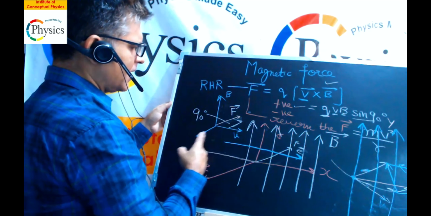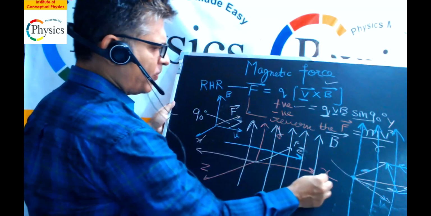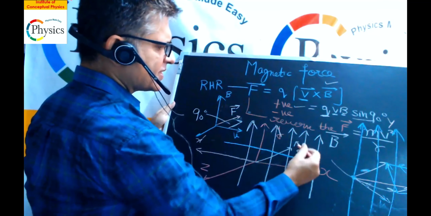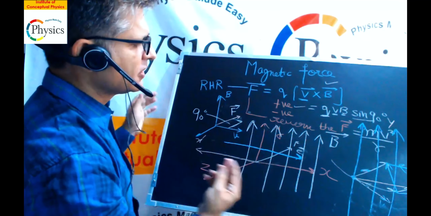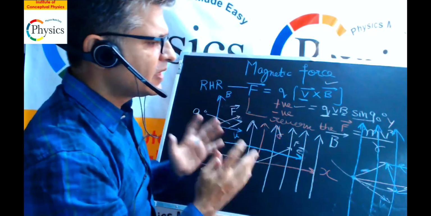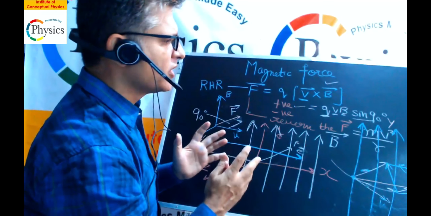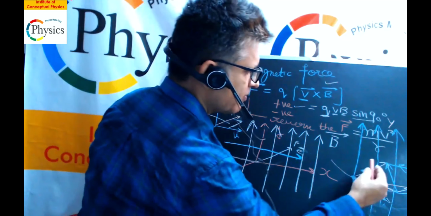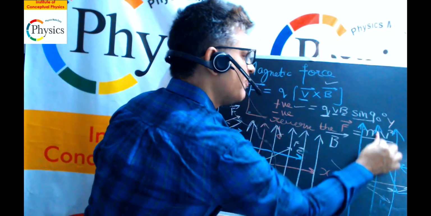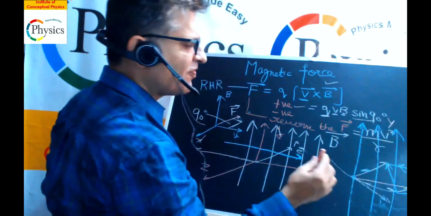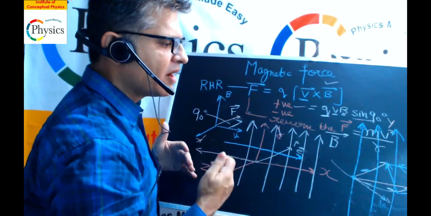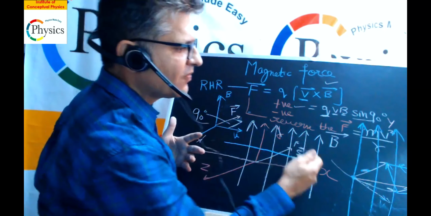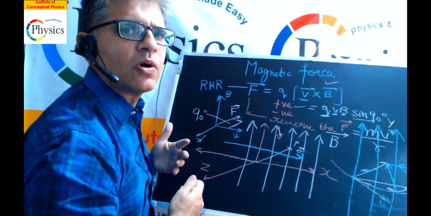So I mark this as positive x, this is y, and the force is in the z direction. So you can see the electron is actually moving in the xz plane, because the magnetic field is upward in the y-axis and the force and velocity are acting along the z and x axes respectively. And if you see the direction, it is counterclockwise.